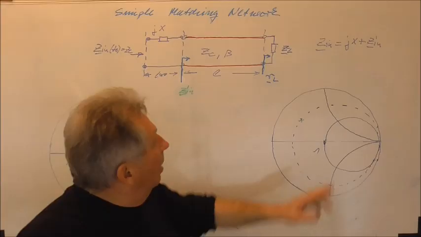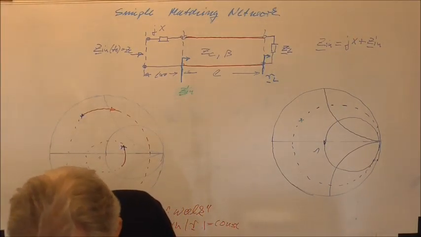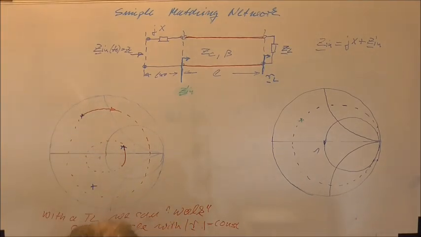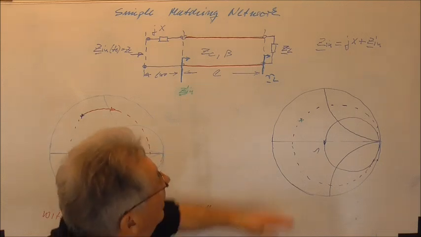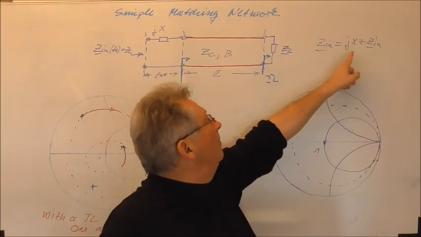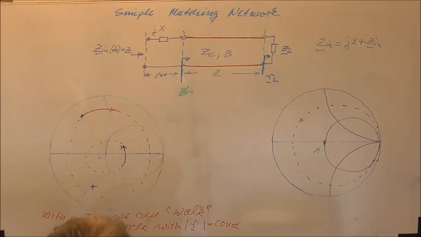But what can I change now with the help of this reactance? Can somebody explain? So if I add to any Z_in prime a reactance, what will be changed? You mean what will be changed on the Smith chart? Yeah, or where do we walk in the Smith chart?